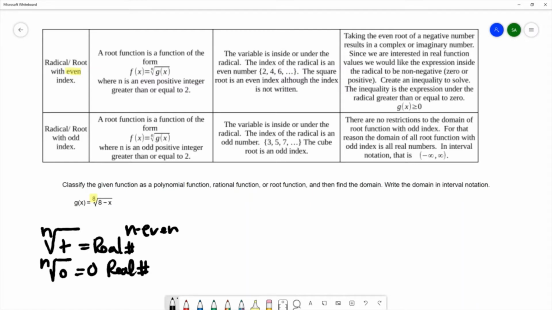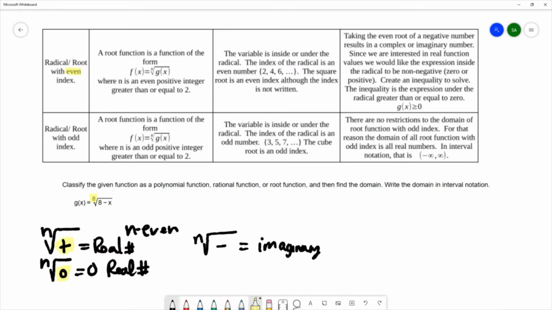However, if you have the even root of a negative, this comes out to be imaginary or complex, which is not a real number. And so we only want to have real values of the function, so we want to restrict which type of numbers we substitute into this.